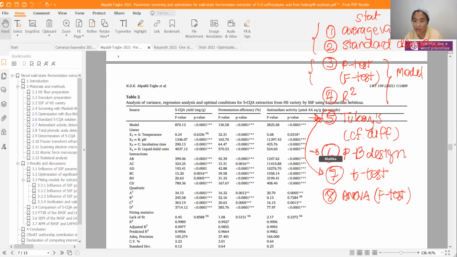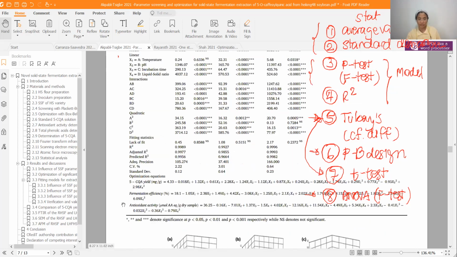Box-Behnken design is for designing what factors to be used. ANOVA test is for analysis of variance of the model equation. So see, in one paper you have to use so many stats.